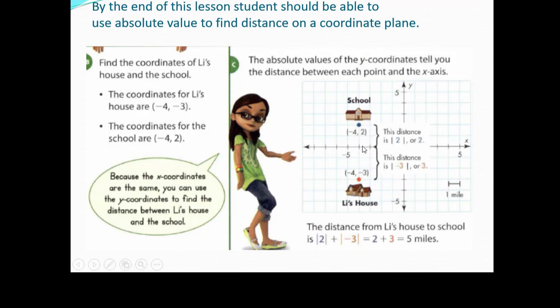They divide the distance between the school and Liz's house into 2 parts: the first part from the school to the x-axis, and the second part from the house to the x-axis. So 3 plus 2 equals 5. Or I can say I add the absolute values of the y coordinates.